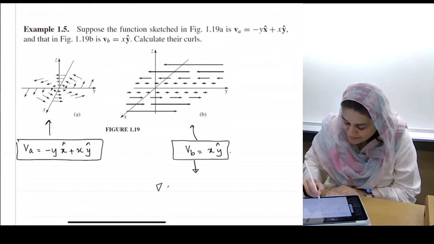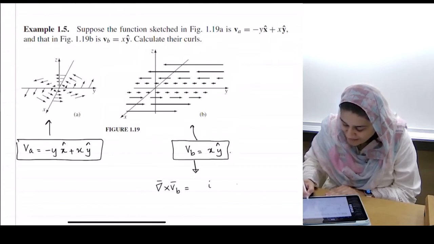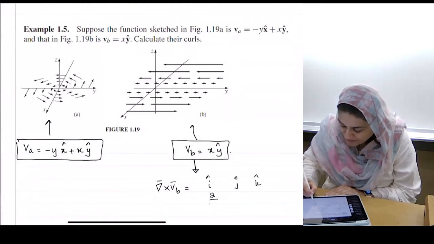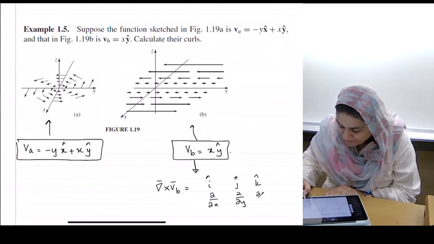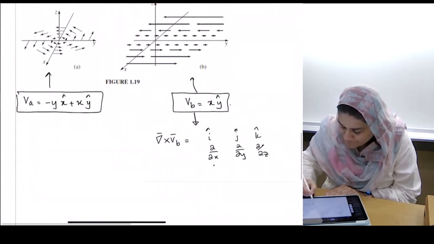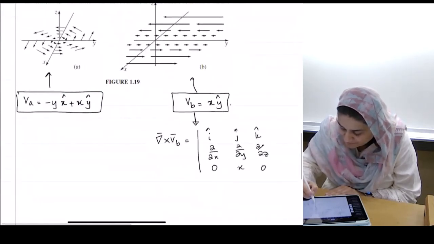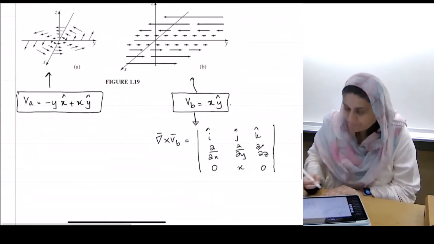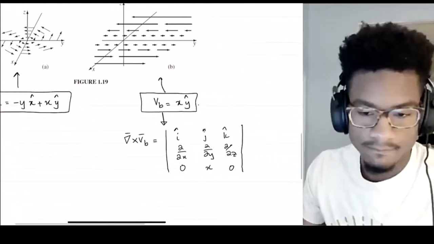So this will be i, j, k, partial over partial x, partial over partial y, partial over partial z, 0, x, 0. So then what will be the answer?